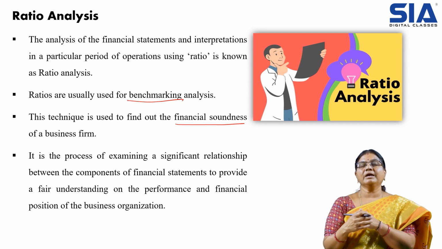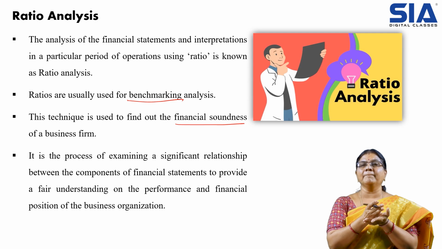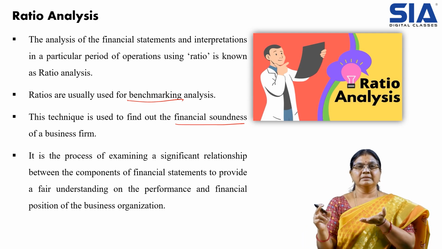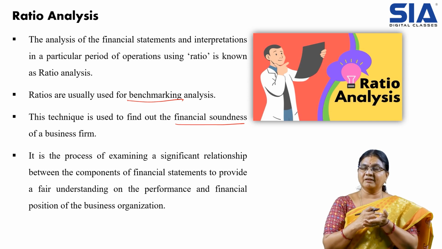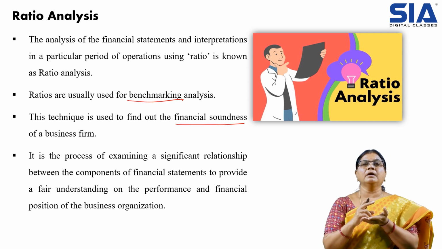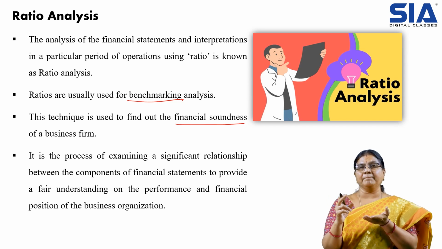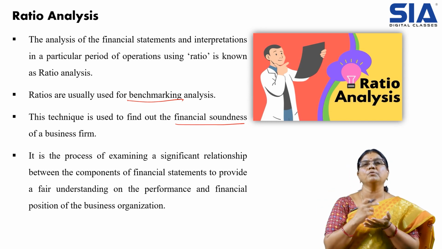For example, if the company is holding 2 rupees of current assets against 1 rupee of current liabilities, it indicates that the financial position is sound. Otherwise, if there is only 1 rupee of current assets for 1 rupee of liability, it indicates the financial position of the company is not very sound.